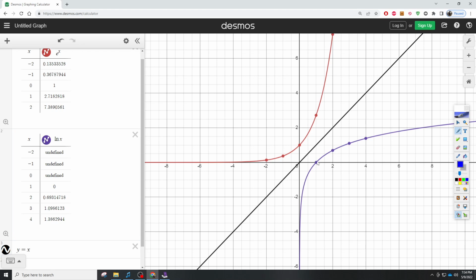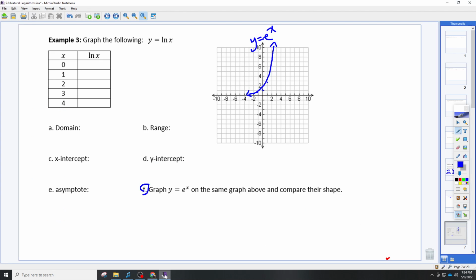So we'll try our best to plot these. 1 is 0. So I'll change colors here. At 1, it's 0. 0 is undefined. Maybe I should put it on here first.